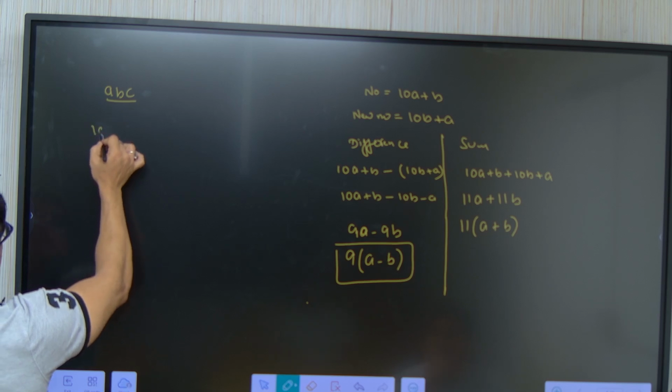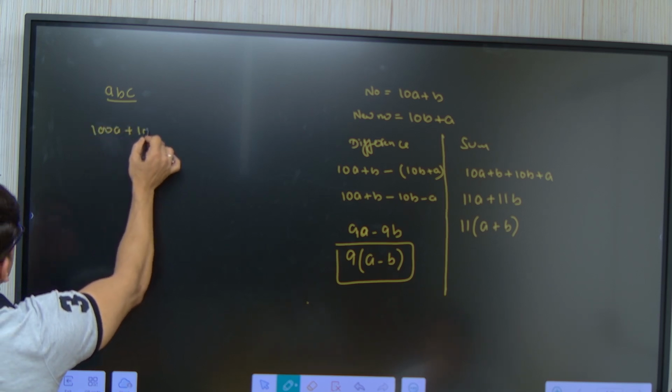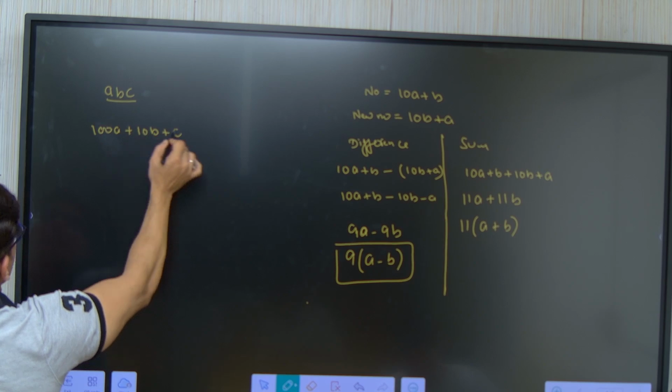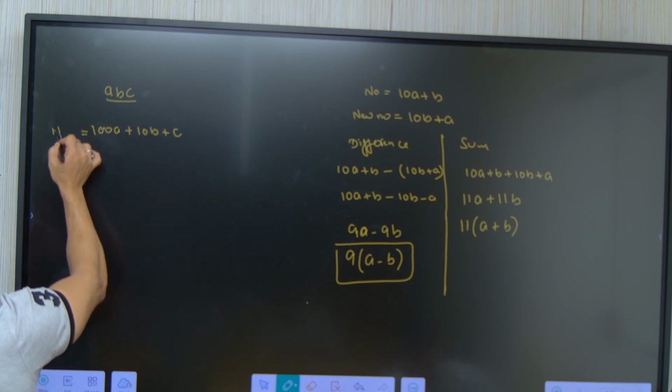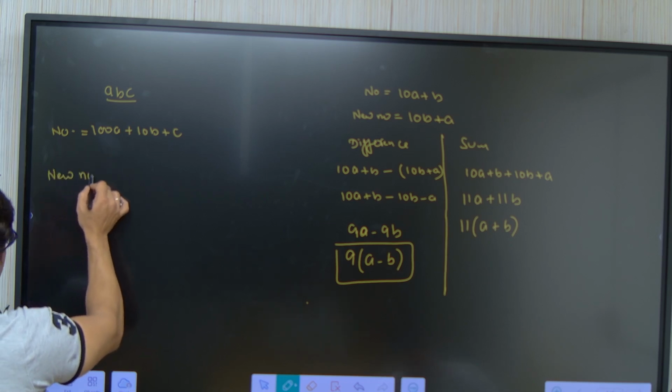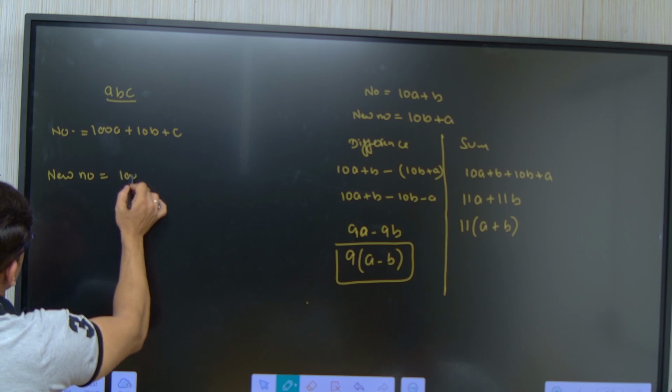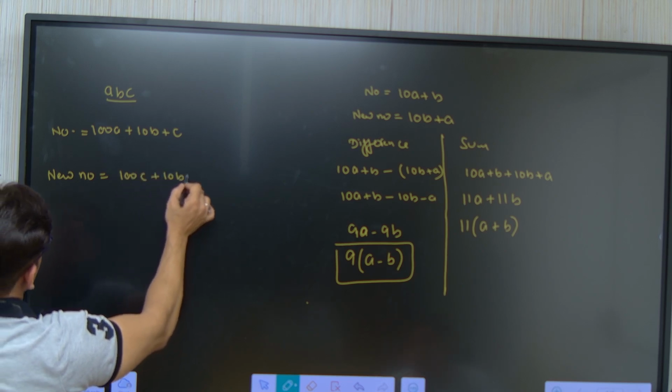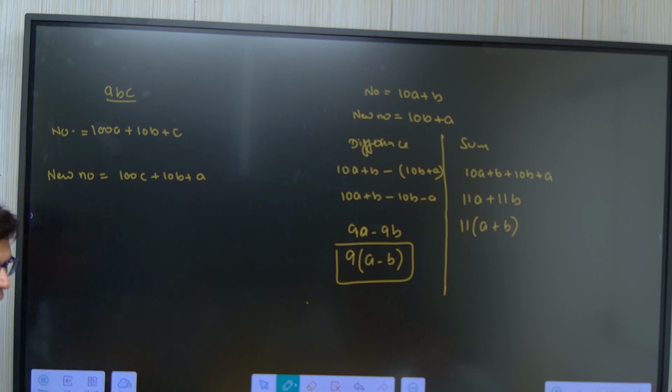Now, you write this as 100A plus 10B plus C. This is the number or not? And the new number, which is formed by reversing the order of digits, will be what? 100C plus 10B plus A. Yes.